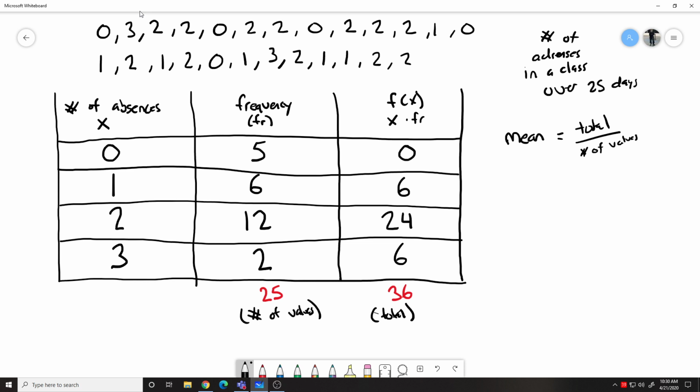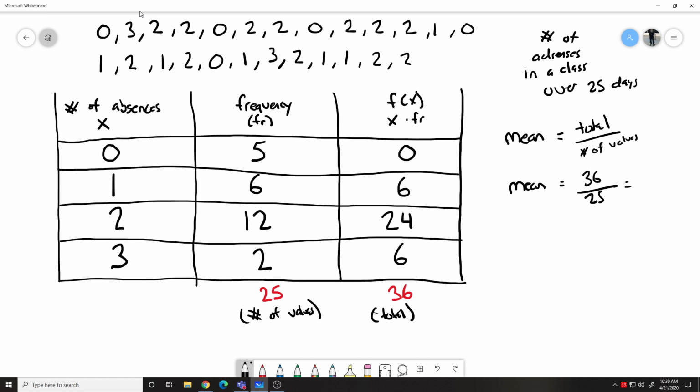So your frequency gives you your number of values, how many points of data were in your set. And the column where you multiply them together gives the total, as if you added them all together. This makes it very easy to get the mean. The mean is simply your total, 36, divided by the 25 data points.